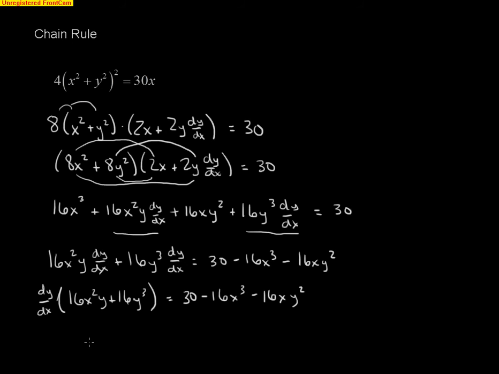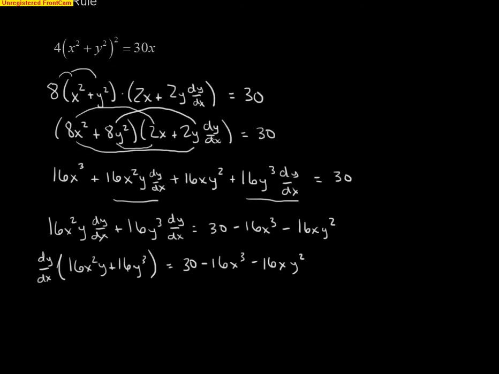Equals 30 minus 16x cubed minus 16xy squared. And then finally, to divide, let me scroll this down just a little bit. So if I just finally divide by this, I'll wind up with my derivative equaling 30 minus 16x cubed minus 16xy squared, all over 16x squared y plus 16y cubed.